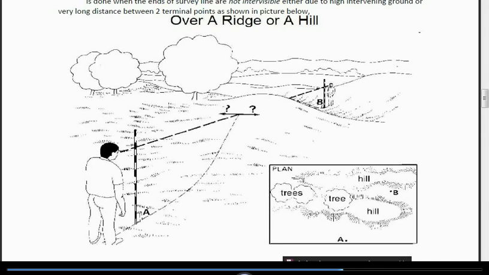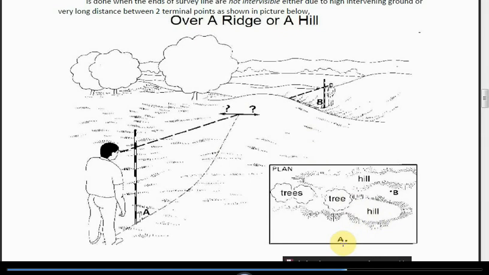That is, the person standing at A cannot see the person standing at B. They cannot see each other. This can happen when there is an obstruction like a hill in between.